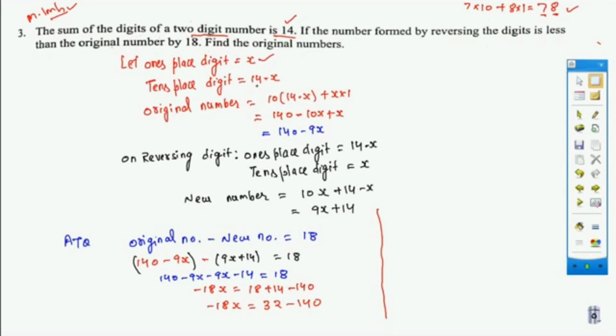Like this, let the one's place digit be x, and the 10's place digit is equal to 14 minus x, because the sum of the digits is 14. So the original number is equal to 10 multiplied by (14 minus x) plus x into 1. We have 140 minus 9x.